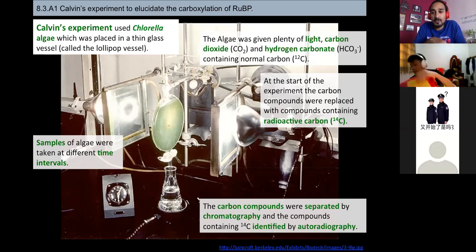The other thing he's trying to do is a timeline. He's trying to see if carbon is being fixed, meaning incorporated into these compounds, what gets made first, or what's the order of these molecules and how they're made.